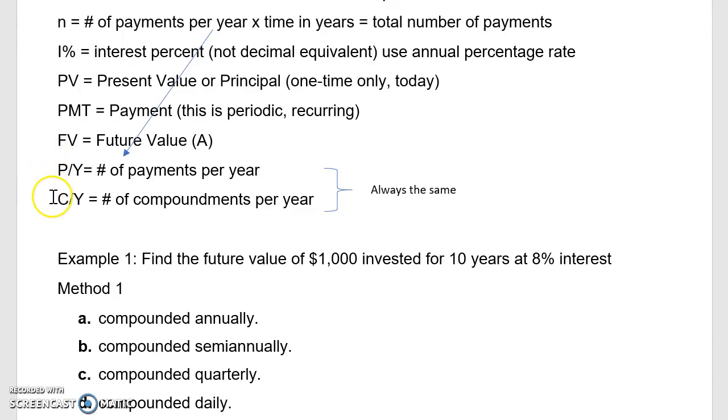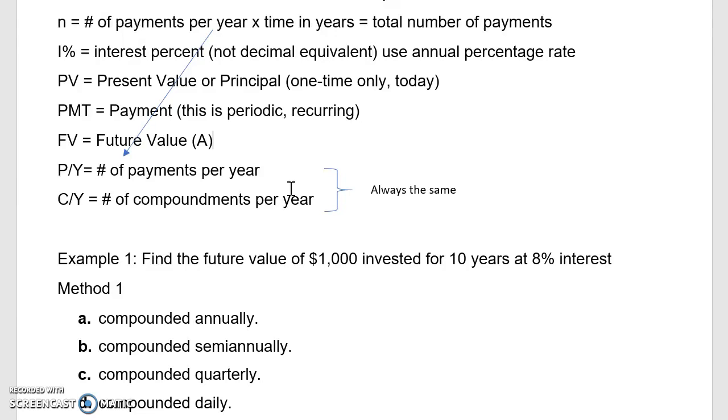And finally, PY and CY I typically group together because they always need to be the same. And we talked about PY already being one of the factors in calculating your total number of payments, N at the top, and it is also equal to CY, and these are equal to the number of payments and compoundments per year, typically 12 for monthly, but it could vary.